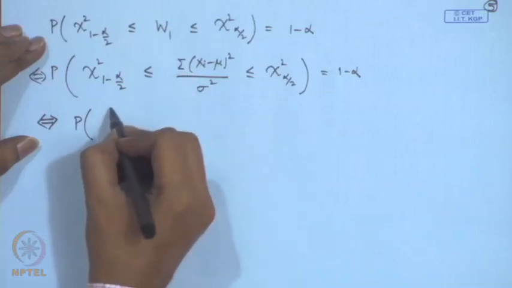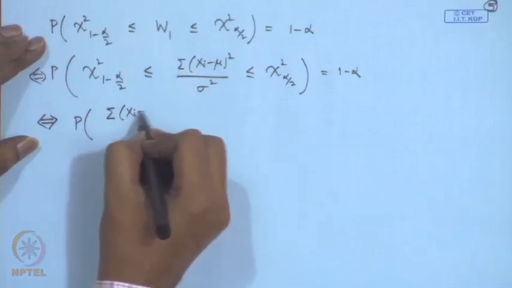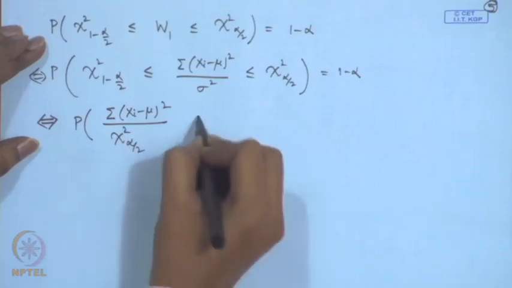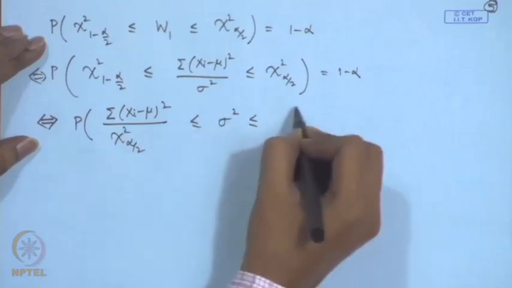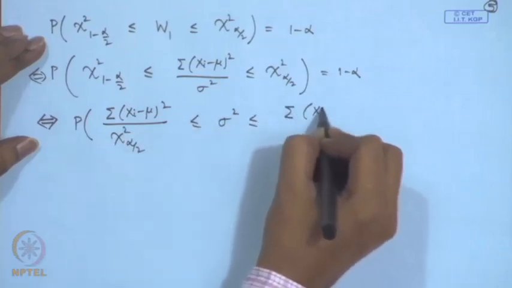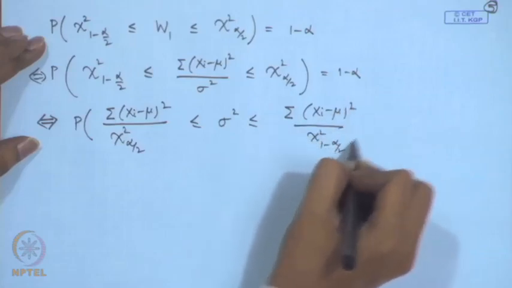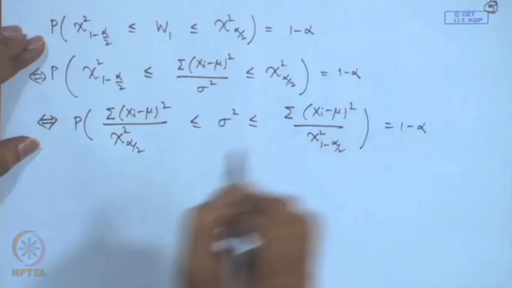And this statement is then equivalent to, we take the reciprocal and then consider multiplication by sigma x i minus mu square. So, we get sigma x i minus mu whole square divided by chi square alpha by 2 less than or equal to sigma square less than or equal to sigma x i minus mu square by chi square 1 minus alpha by 2 is equal to 1 minus alpha.